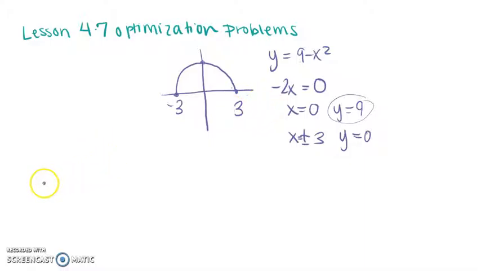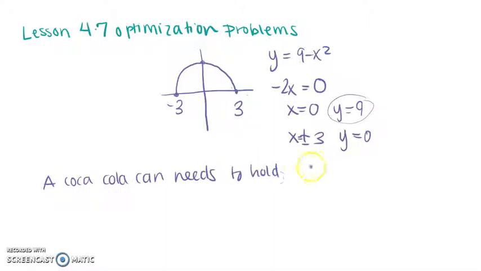So let's start off with a really simple example to explain how this process works. Let's say a Coca-Cola can needs to hold 1,000 centimeters cubed of liquid, minimize the materials needed.